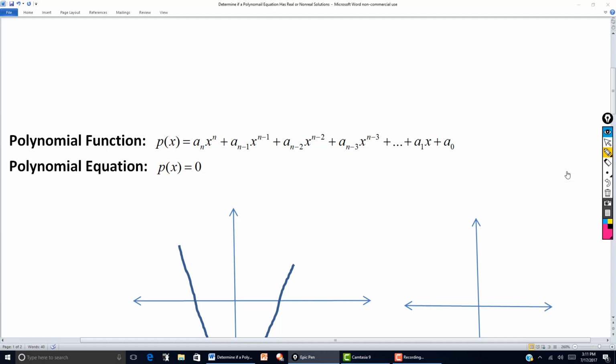Another thing that's important to know is that the graph of a polynomial is going to behave like the graph of the lead term. We saw what the graph of y equals x to the third looks like. If I look at x to the fifth, the graph is similar. It goes like that and passes through the origin. If I put a negative in front, it's coming down this way.